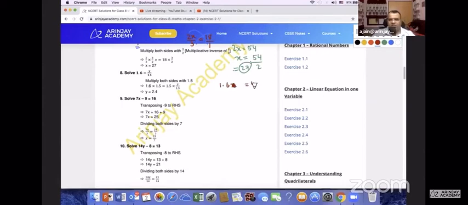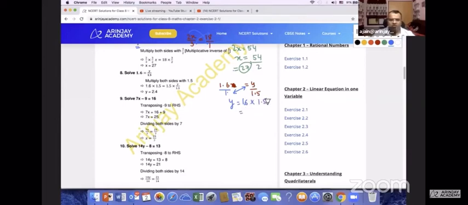1.6 is equal to y divided by 1.5. This question is no different than what we did earlier. Again, we need to just do the cross multiplication. So y times 1 will give me y is equal to 1.6 into 1.5.